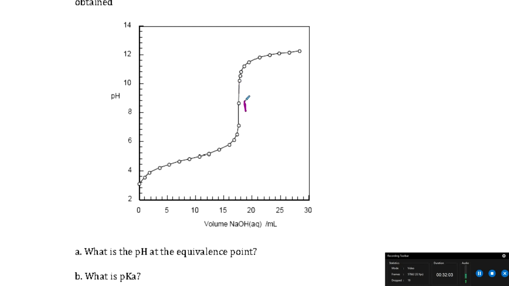So the pH at the equivalence point, it's going to be hard to show here because I don't have a ruler, but you kind of go across, somewhere like that. It's obviously not very straight, but if you used a ruler, you would find it's at about 8.4.